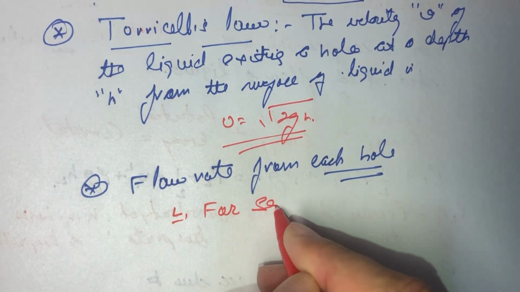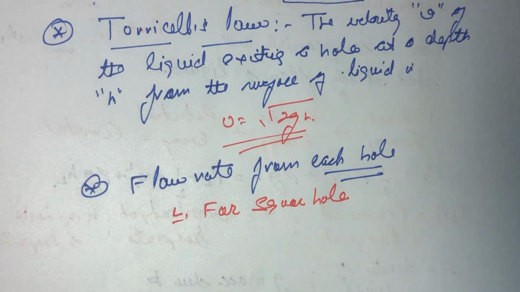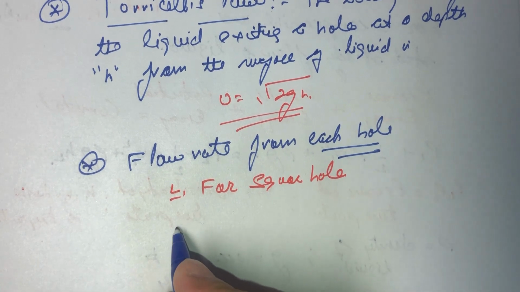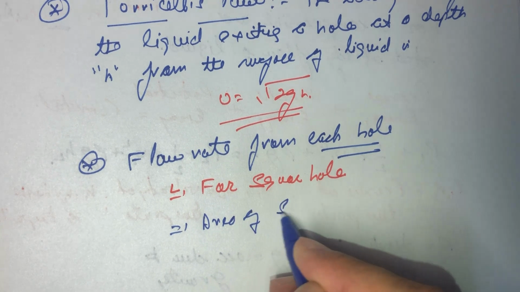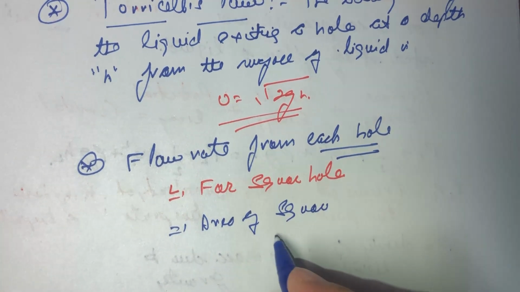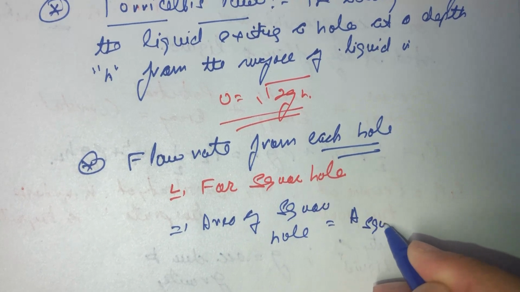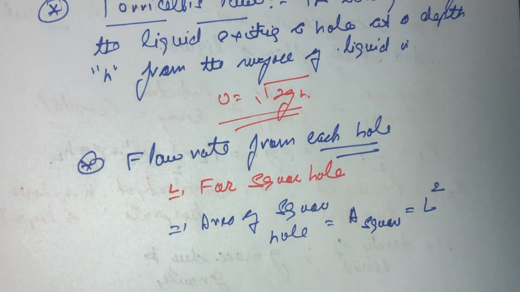For the square hole, the area of the square hole, let us suppose that is given as A square, will be equal to L square.